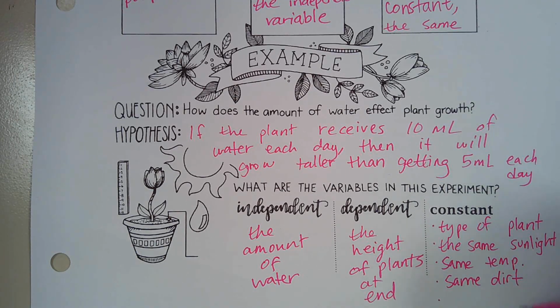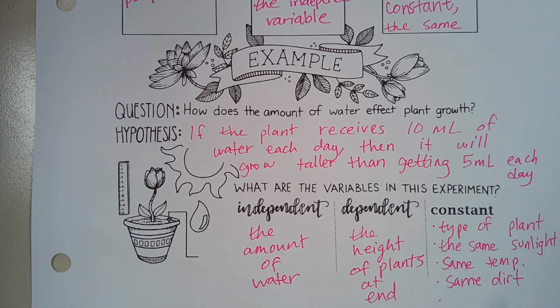Right? So all of these things that you are keeping the same, those are your constant variables. Because let's say that you had two different types of plants and one grew a lot more, it might have nothing to do with the amount of water, but the fact that you have different plants. And so you have to keep some things constant. Some people call them controlled, but they're constants.